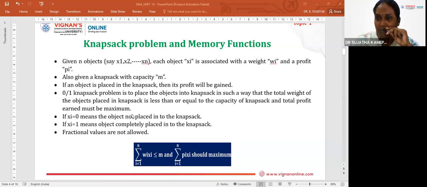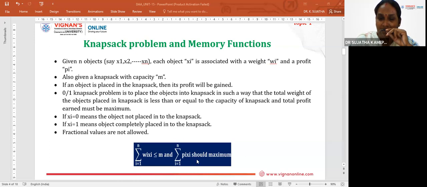The value of xi is represented as 0 if the object is not considered for placing into the knapsack, and as 1 if the object is completely placed into the knapsack. Fractional values are not allowed since this is the 0/1 knapsack problem.